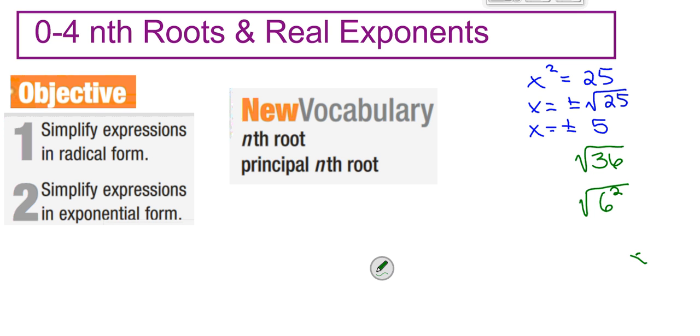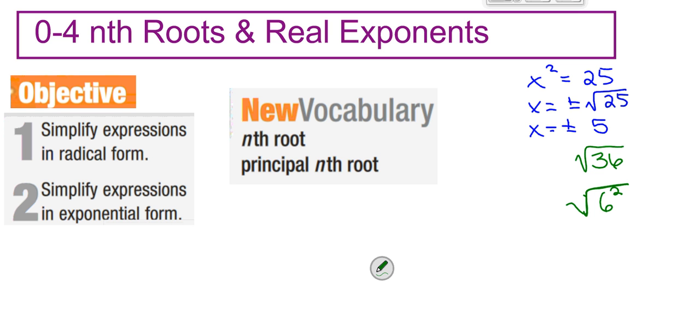It's like saying x. We don't say x to the 1, and we don't even say 1x. But those ones are there. We just don't write them as we go. So same thing here. In a way, there could be an index there of a 2 for the square root, but because it's the one that we use most commonly, we don't write that.